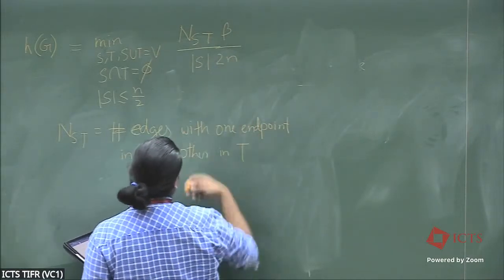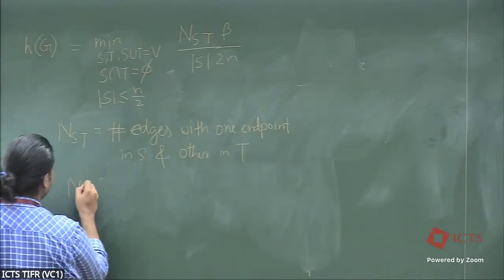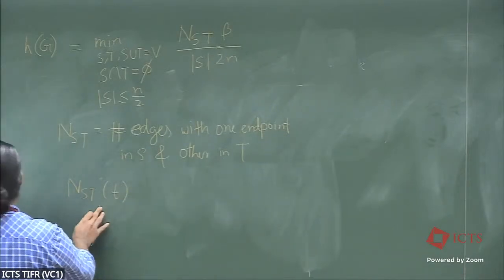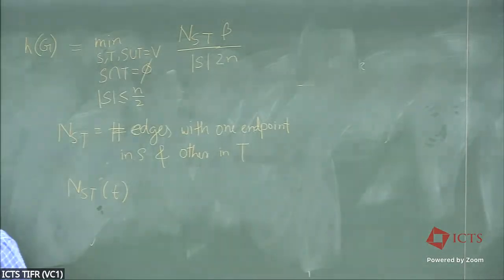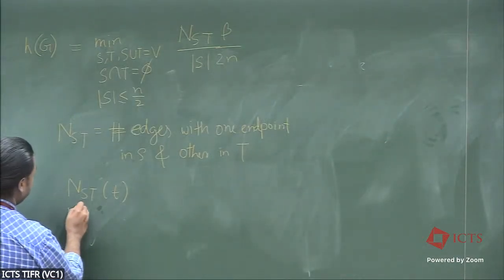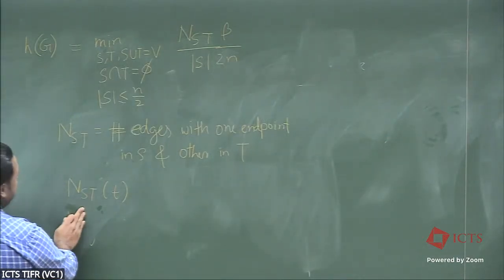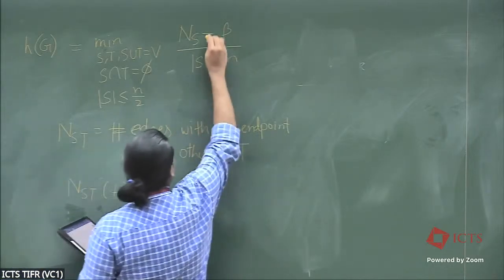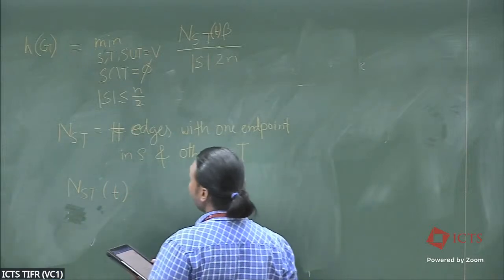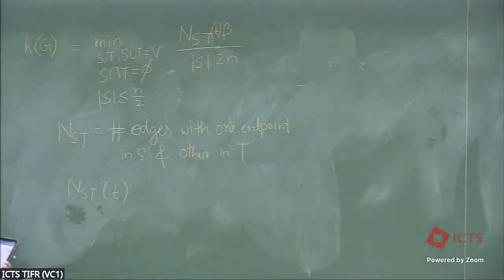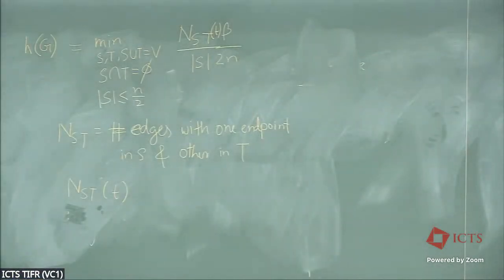And you have to take N_S T of t, the number of edges between S and T in GT at time t, and also consider the number of edges in S. Okay, so this will be done by defining some stopping times.